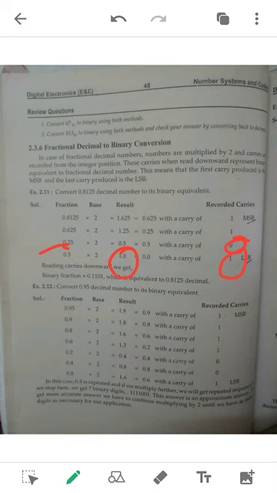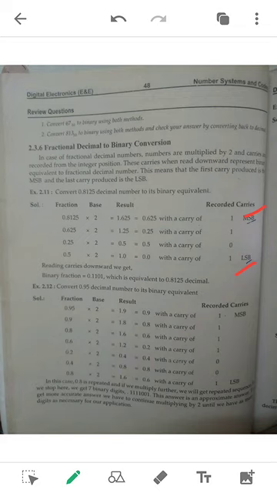So after this you get the MSB from the first multiplication, and the last is the LSB. So 1 1 0 1 is the equivalent of the fractional decimal number 0.8125.